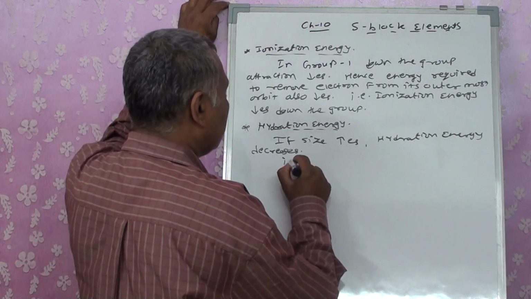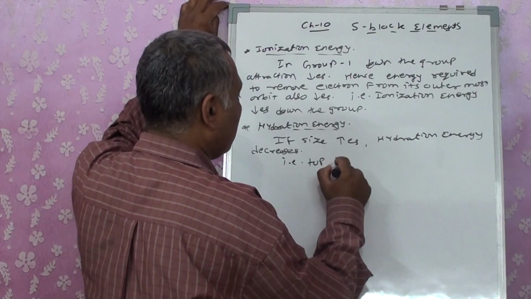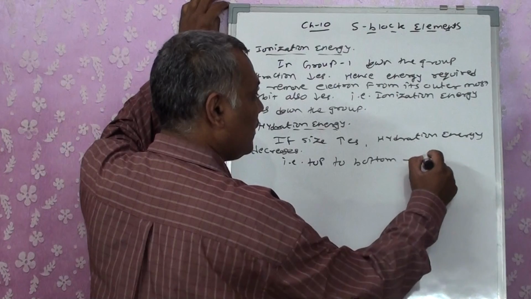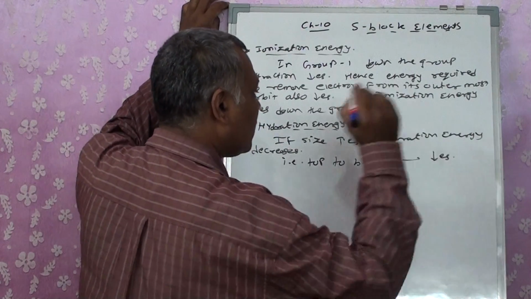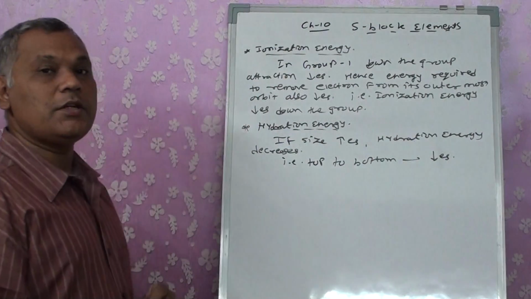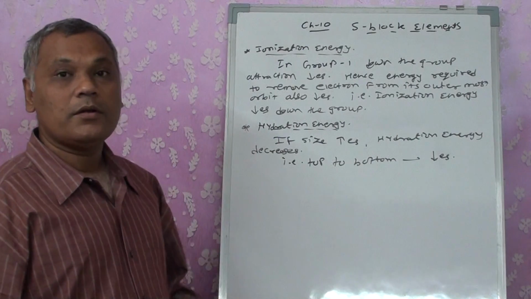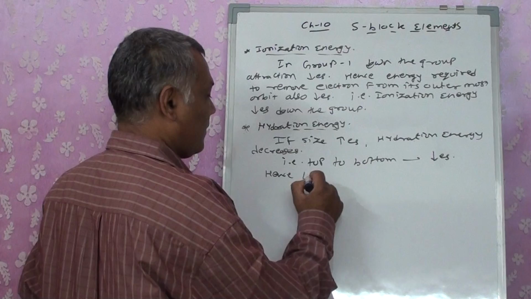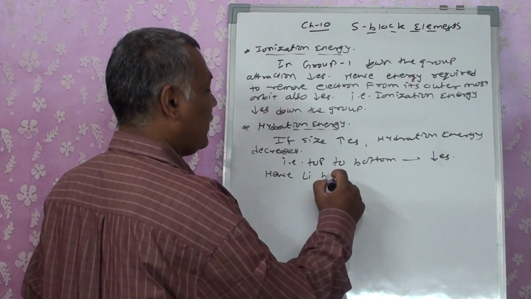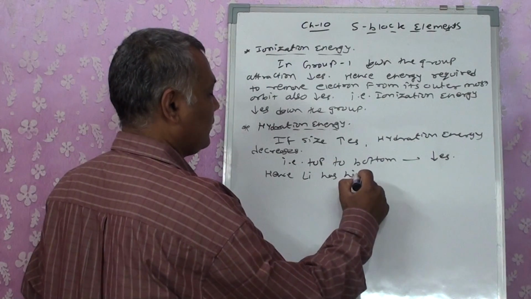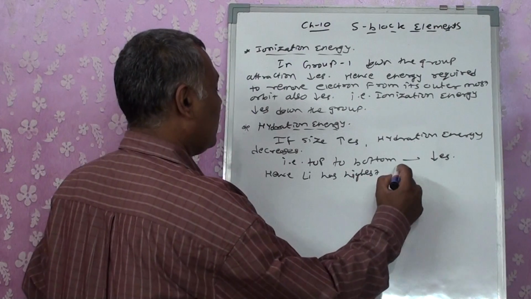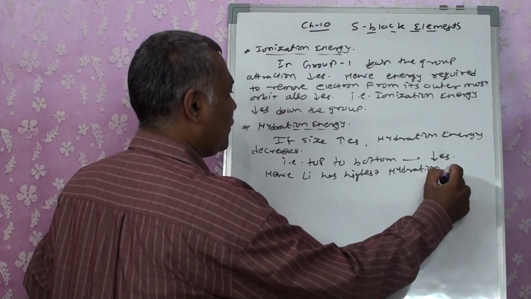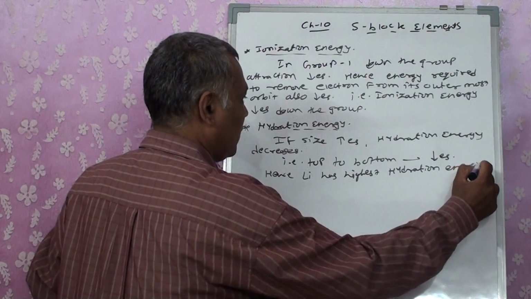That is, top to bottom, it will decrease. Hydration energy in group 1 will decrease. Hence Li has the highest hydration energy.